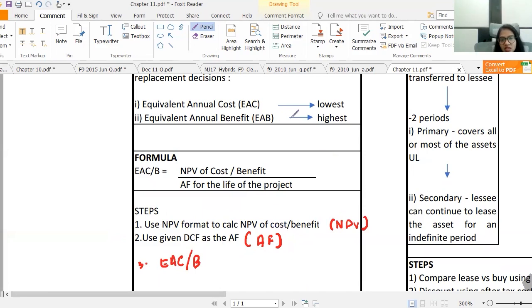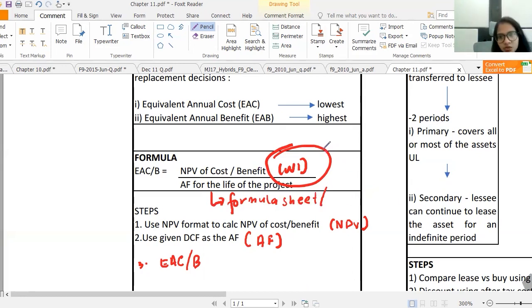So 3 steps. This one, we already learned when we calculated our NPV in chapter 7 all the way until chapter 10. And this you can just get from your formula sheet. Or you can use the calculator to do it the way I do it, or you can also use Excel to do it the way I do it.